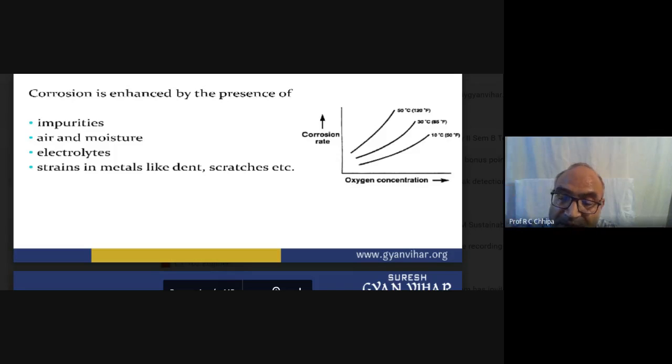Where the coating was there but a dent forms, corrosion definitely starts faster. That is the enhancement of corrosion. Like that, there are certain other factors available.